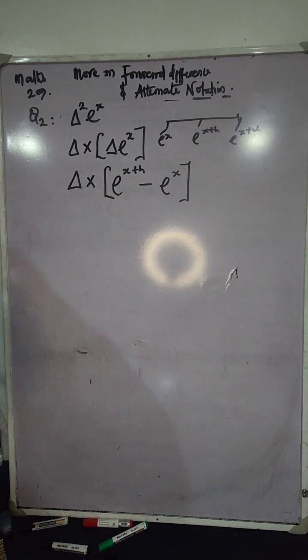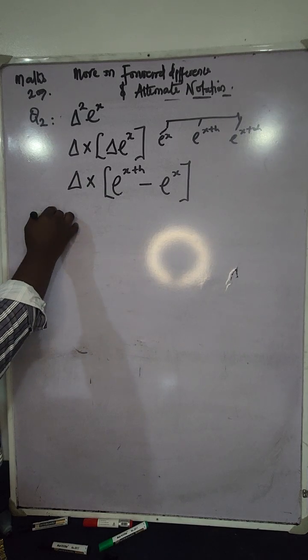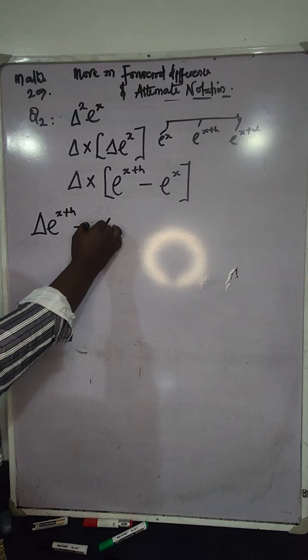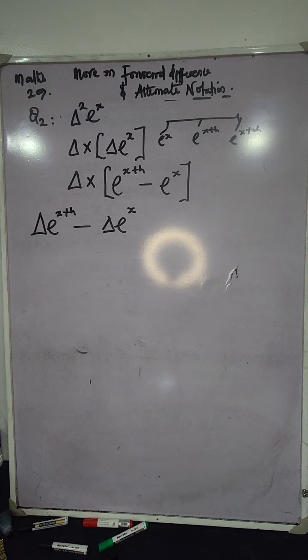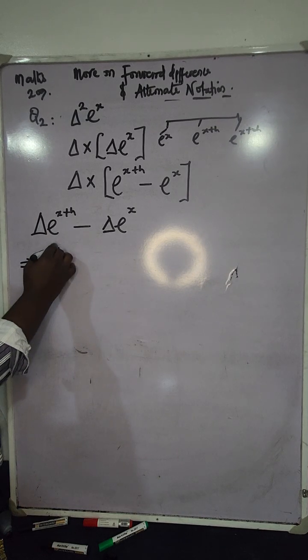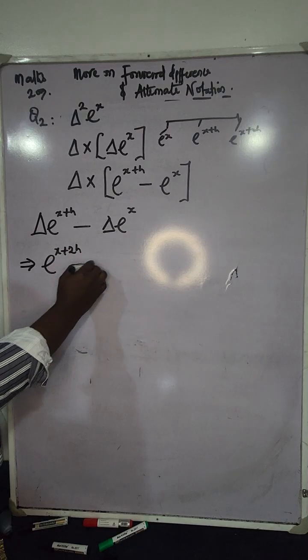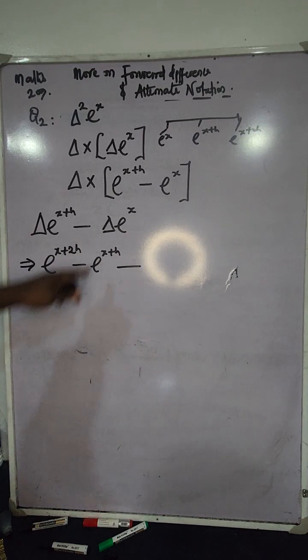Now let's open brackets together. This is the forward difference of e to the power of x plus h minus the forward difference of e to the power of x. Is that correct? And so we can say e to the power of x plus 2h minus e to the power of x plus h, minus, what is the forward difference of these?